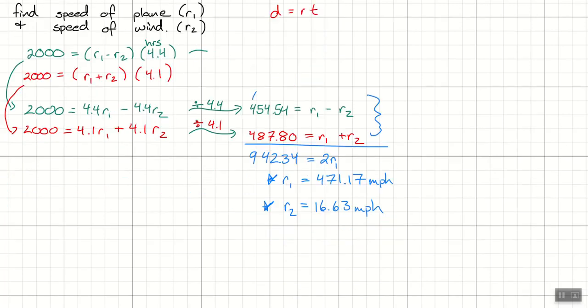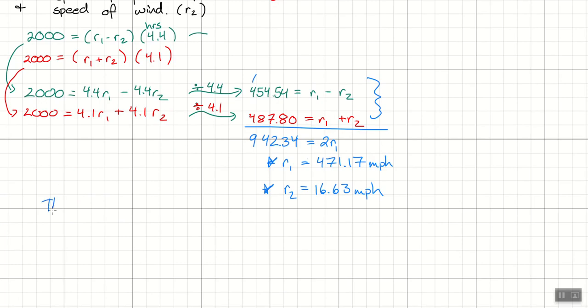The plane, and I'm going to change this now, the jet flies at a speed, I'm going to call it 471 miles per hour. Now, is this a speed with or without the wind?